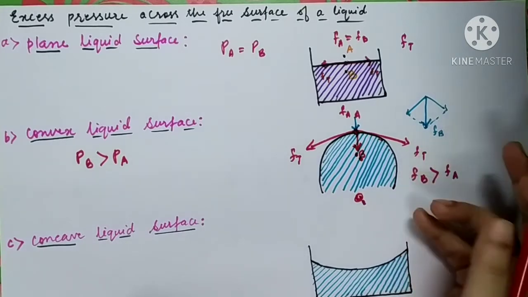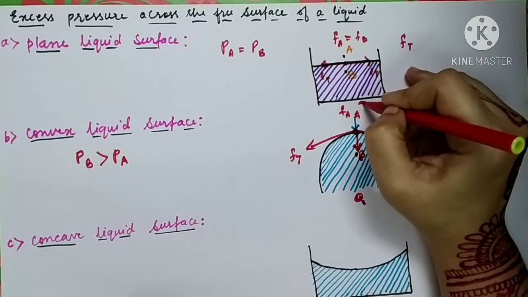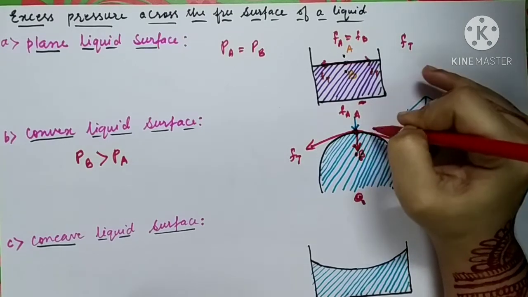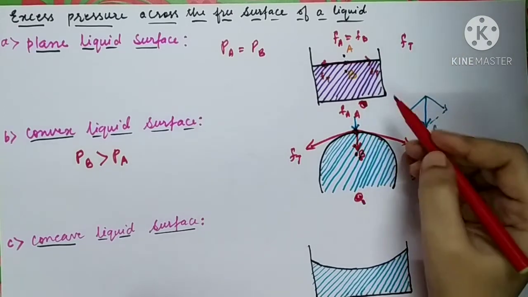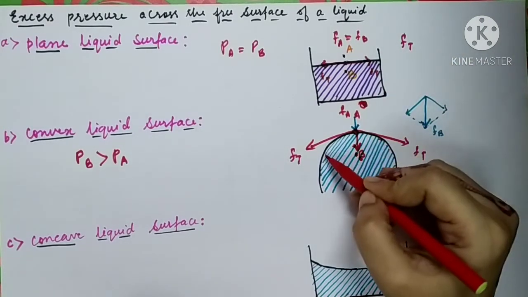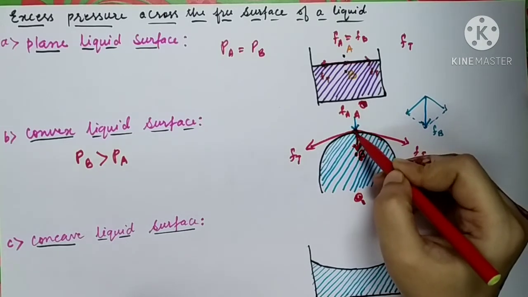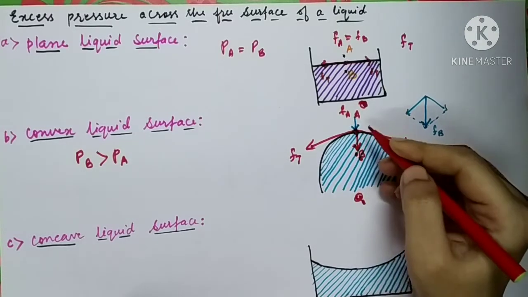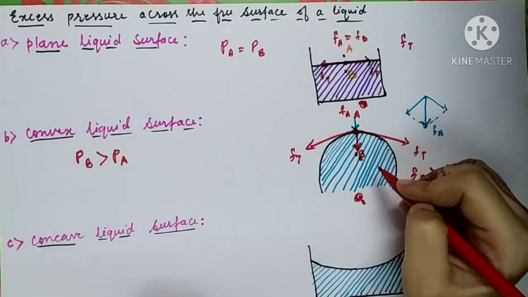Or when you are the observer, observing this phenomenon from this position, you will say that for this position of the observer, this surface will be convex. So you will say that pressure below the convex surface is greater than the pressure above it.